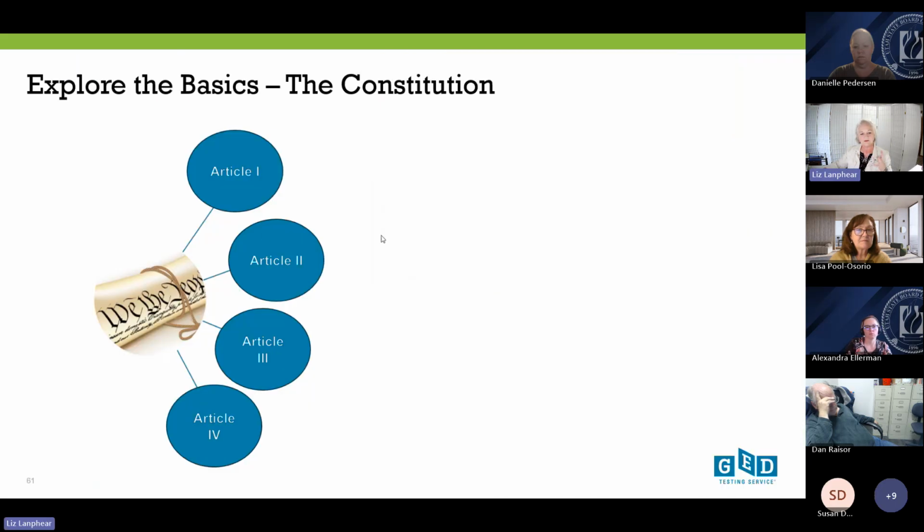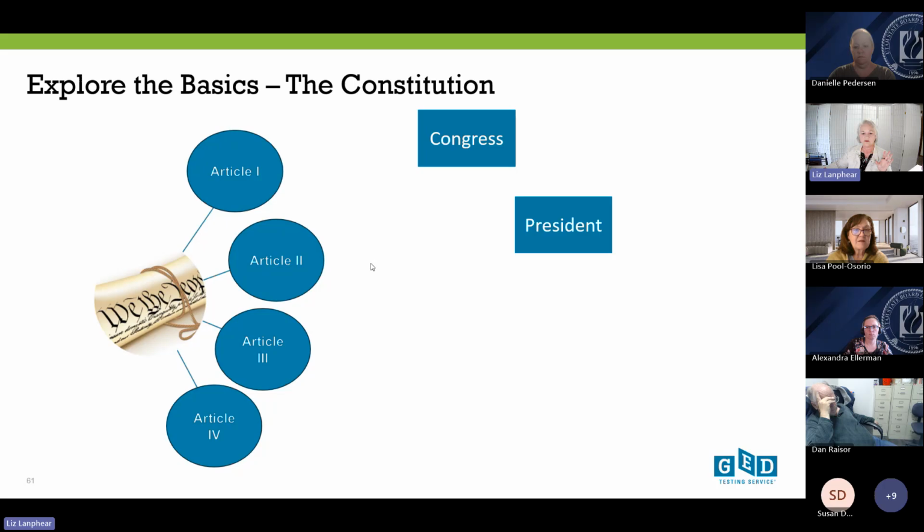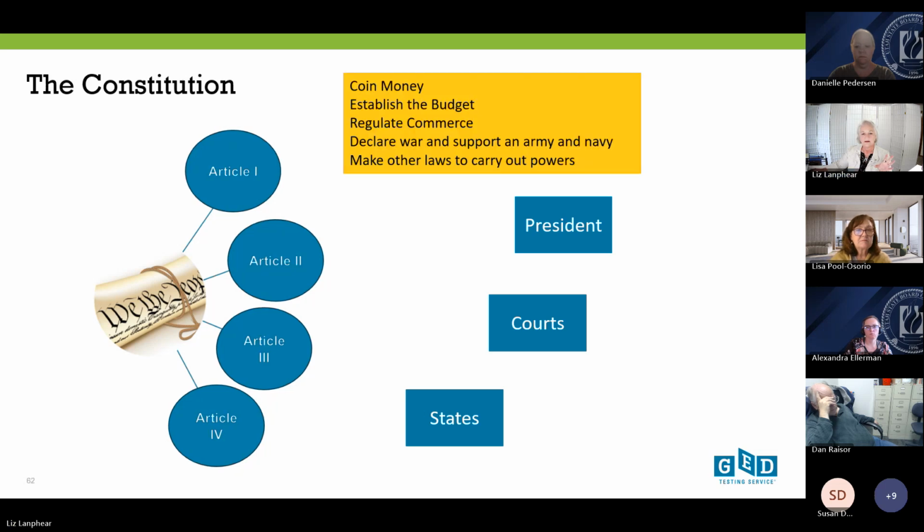So as you teach this information, you've got the articles. Article 1 is about the Congress, 2 is the president, 3 is the courts, 4 is the states. What does that look like? They can coin money, establish the budget, regulate commerce, those types of things.